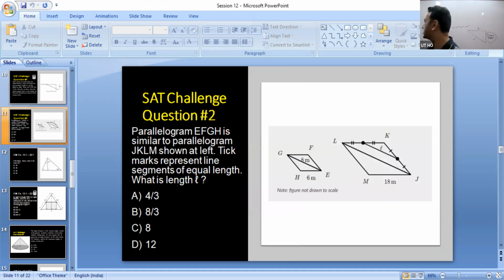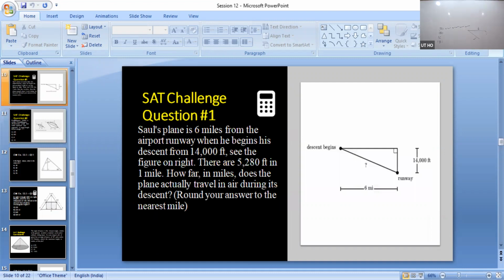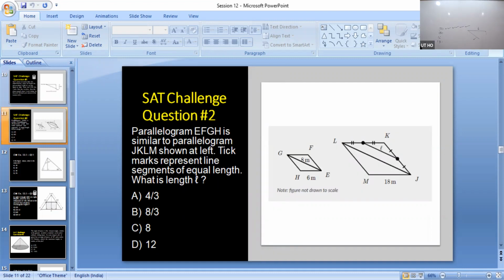Okay, try this. You can check this one, the answer will be 6. In that case you will get the answer as 6.